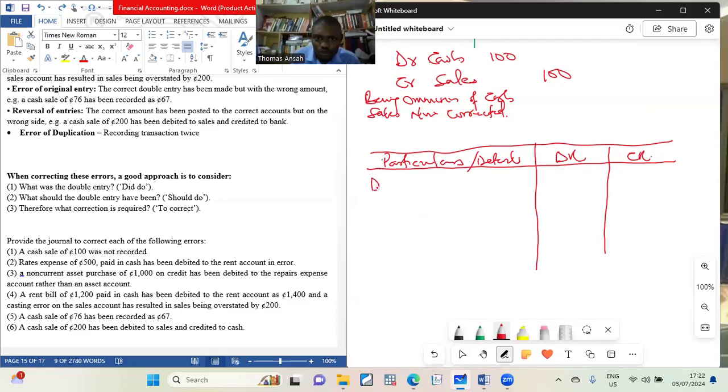Then you don't write the debit amount here, because the debit is here. So what are you debiting? All you do is write cash, then you write sales. It's an art. Have you seen the way I wrote it? It's slanting like this. So here will be 100, and of course you have to put your currency.